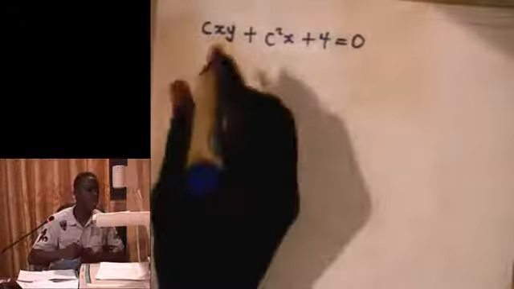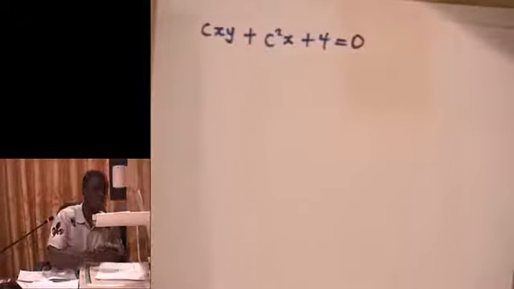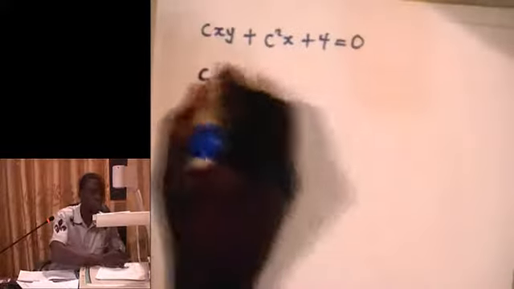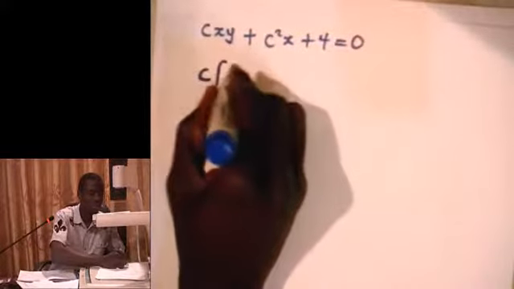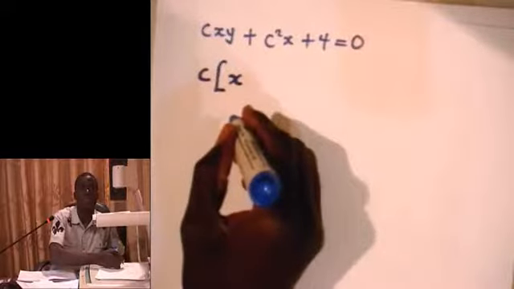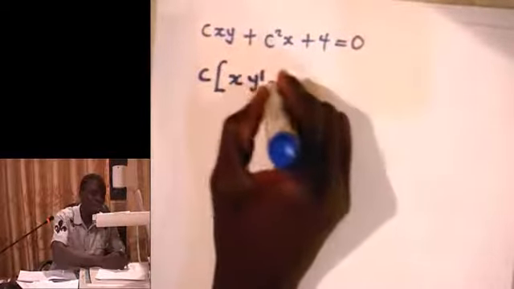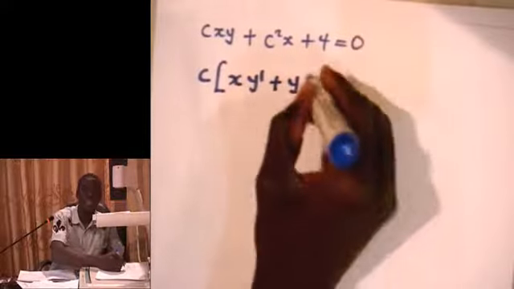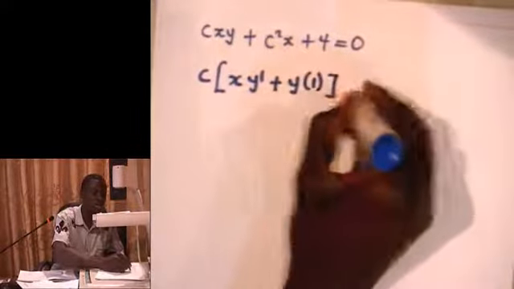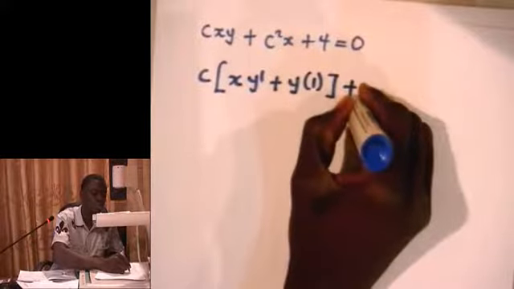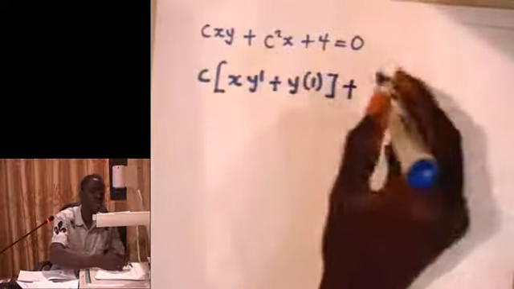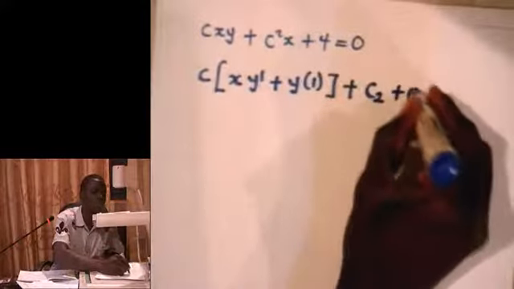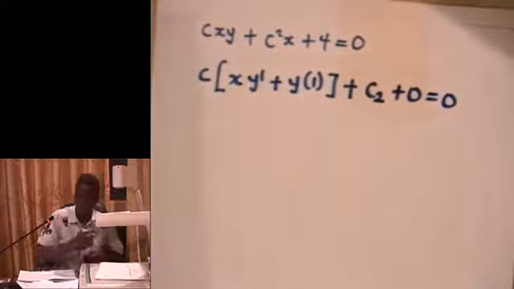So we differentiate how many times? Once. So let's go. We want to solve this using the implicit differentiation method. Keep x constant, differentiate y, you get y'; plus keep y constant, differentiate x, you get 1; plus when you differentiate c squared x, you have c squared; differentiating 4 gives 0.